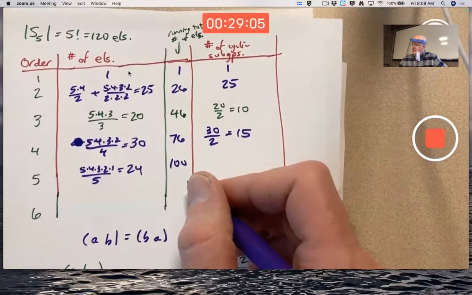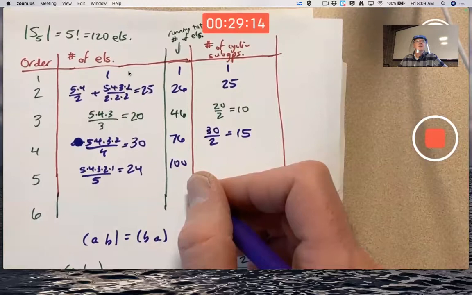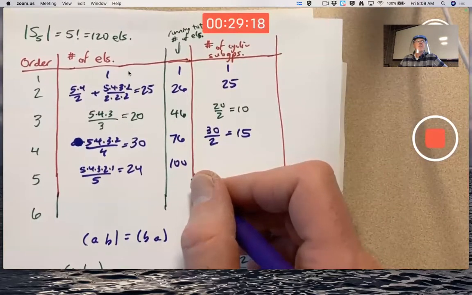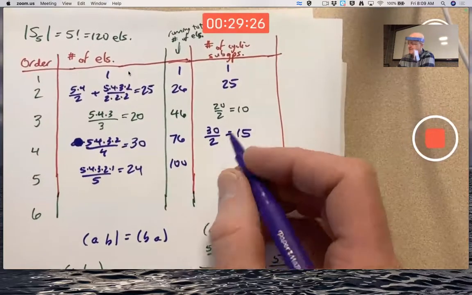How many generators does a cyclic group of order 5 have? Think about Z5. Somebody want to say?